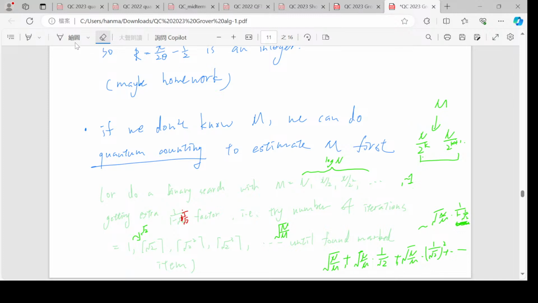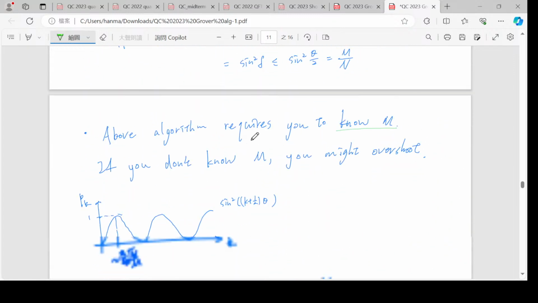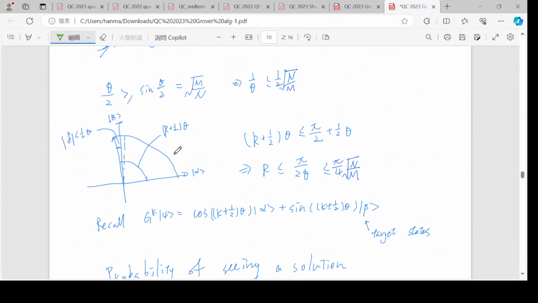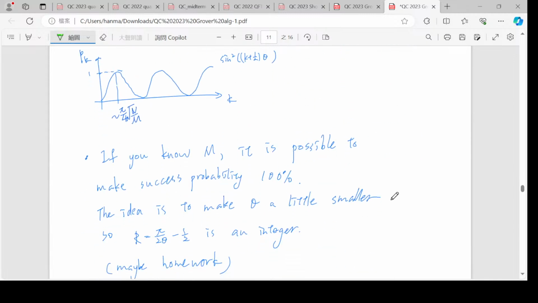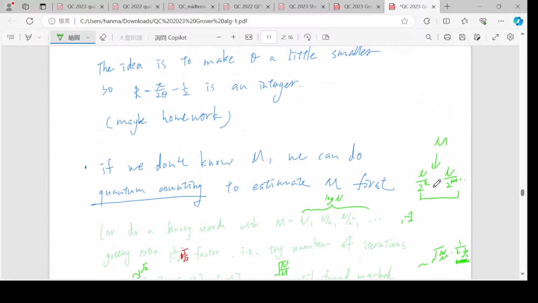Yeah, so both of those are constant factors away from m, and so when you do Grover search, you can analyze how much you can overshoot if your estimate of m has a constant factor difference.